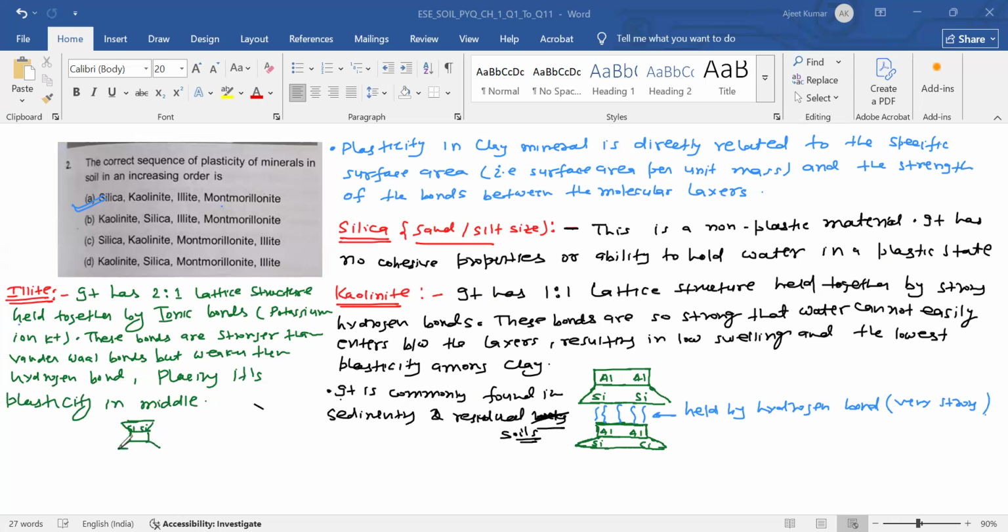This is again a tetrahedral unit, silica. And in between these, the K plus bond is there. This is the ionic bond.